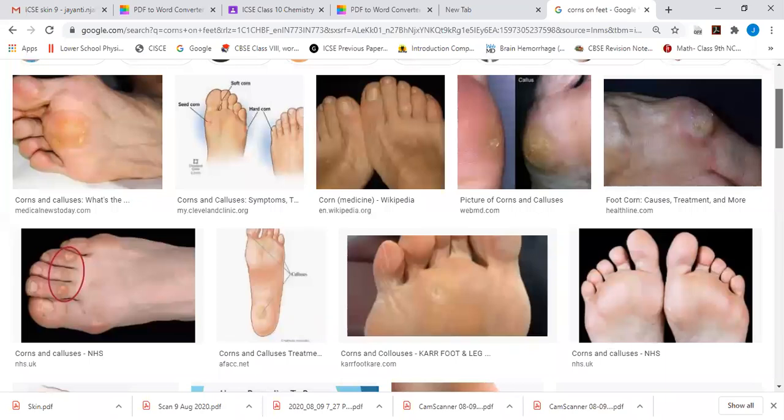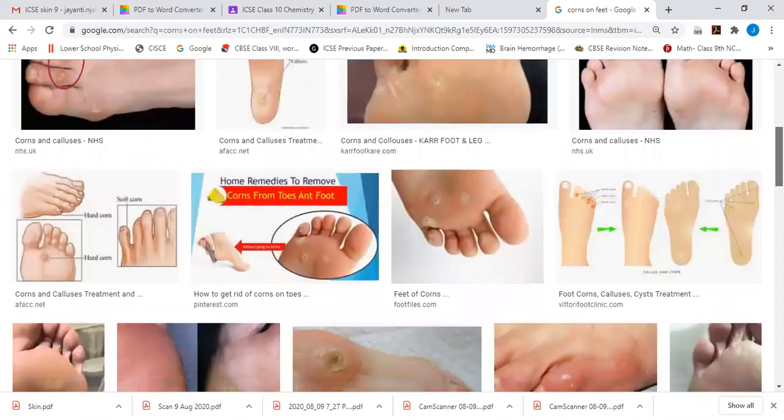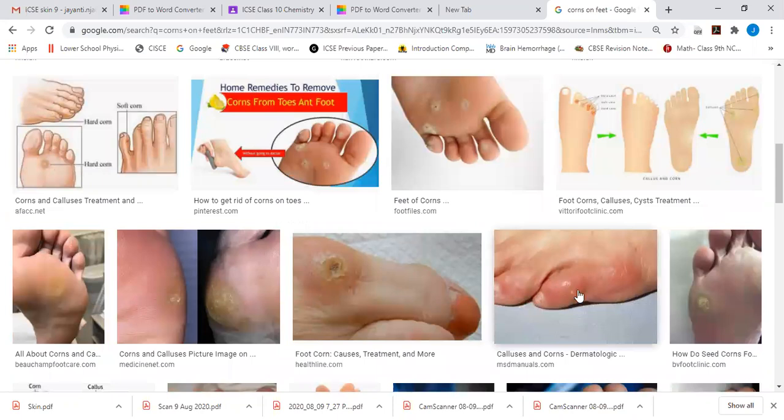So basically यहाँ पे दिख रहा है, corns होते हैं. Corns from toes and foot, sometimes it is very painful, sometimes it's just a dead cell. तो इसको लोग काट के फेंक भी देते हैं, and sometimes very painful, यहाँ पे ऐसे सूज जाता है. So these are corns.